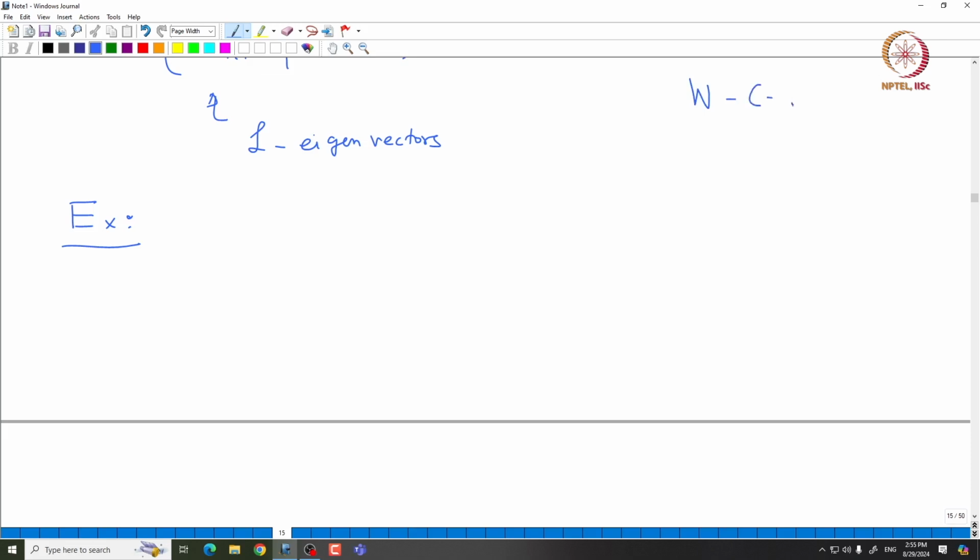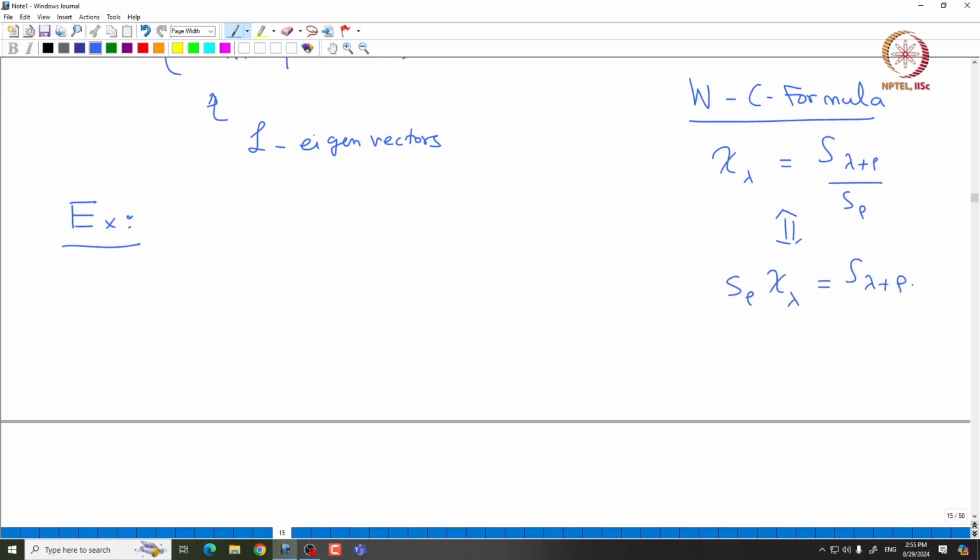The Weyl character formula tells you that χ_λ must be the same as S_{λ+ρ} divided by S_ρ. So, this is equivalent to saying that S_ρ times χ_λ must be S_{λ+ρ}. This is more or less by definition.